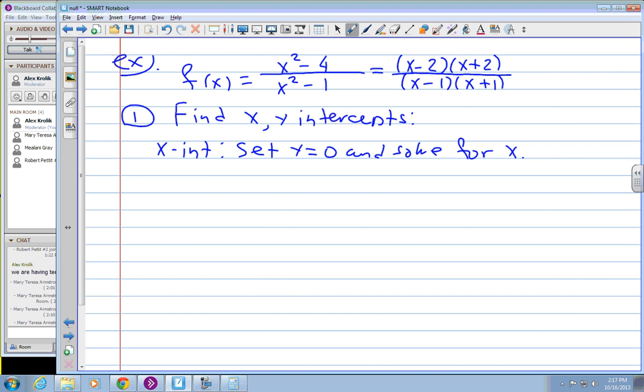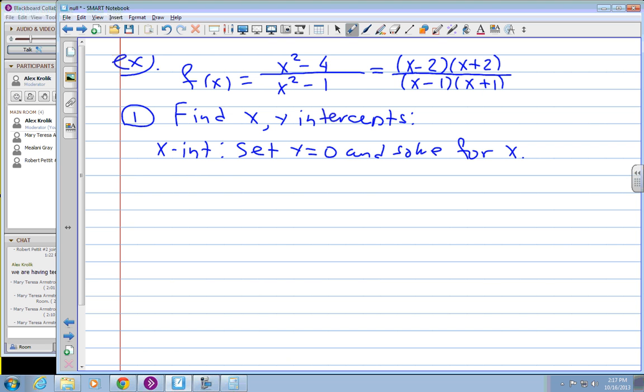Now, for this particular case, a fraction can only equal 0 when the numerator equals 0. You agree with that? Because the denominator cannot equal 0, period. So we want our numerator to be 0, then the whole thing equals 0. So really, to find the x-intercepts, you just have to find the zeros of your numerator. Whatever makes the numerator equal 0, which is what in this case? 2 and negative 2.